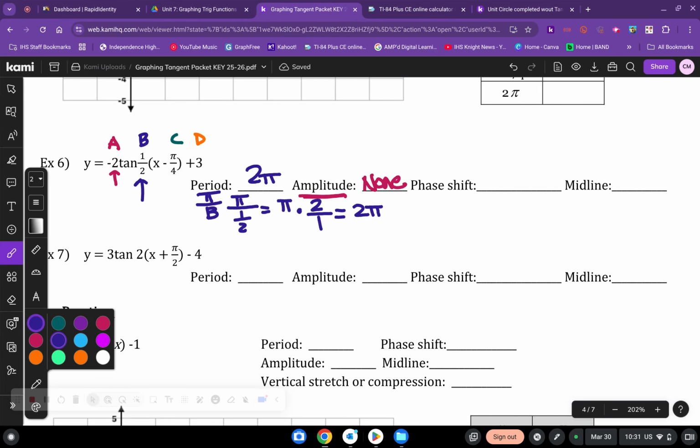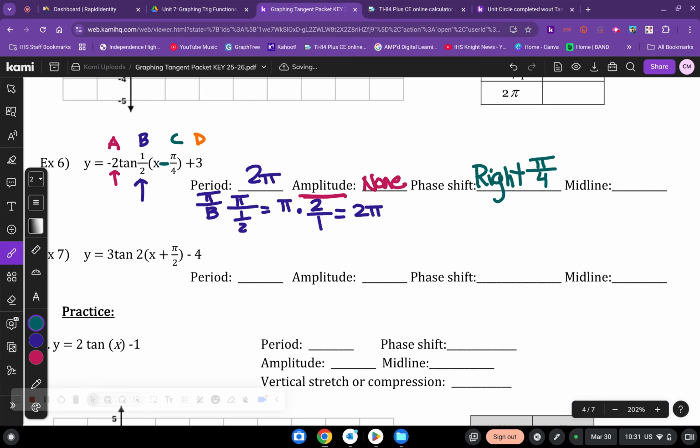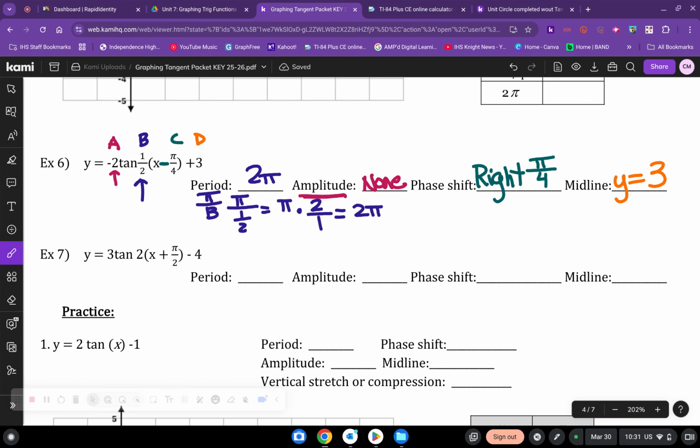The phase shift moves in the opposite direction that the sign indicates. So minus tells me my phase shift is moving to the right, to the right pi over 4 units. The midline, we use the value of D, and that is 3, so my midline is y equals 3.